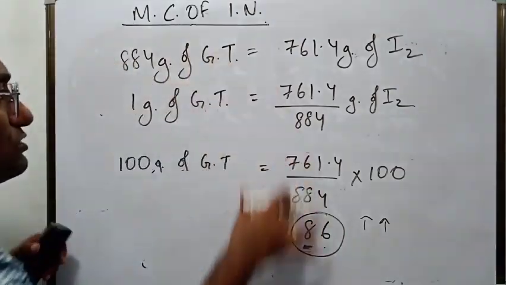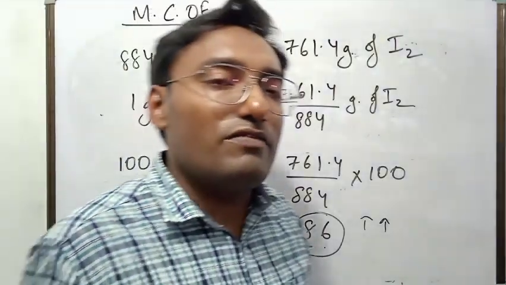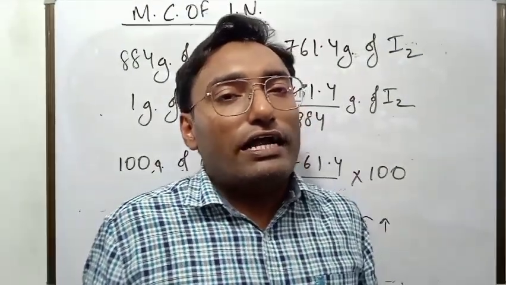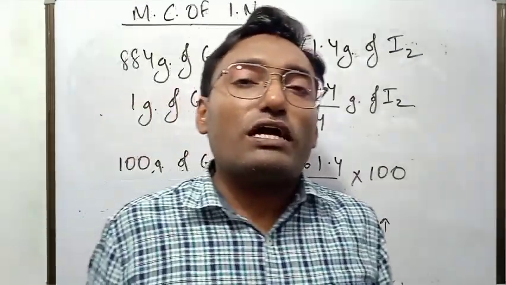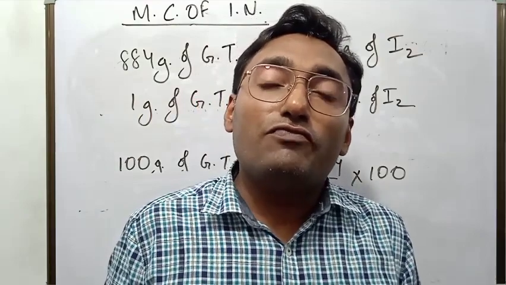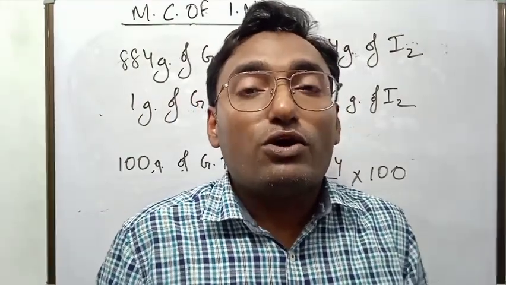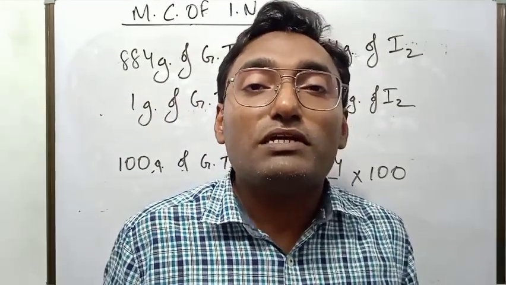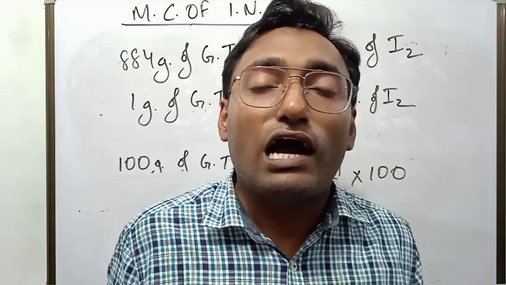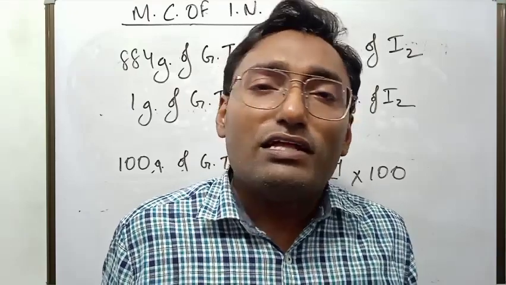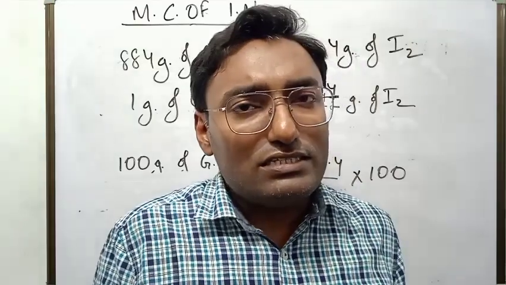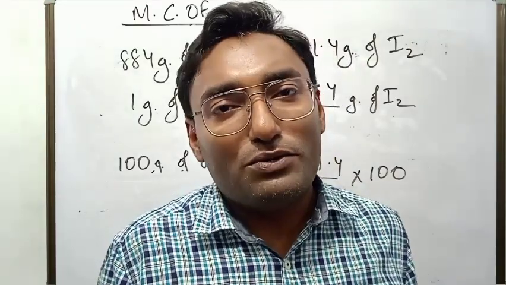So dear students, this is the mathematical way to calculate iodine number. There is another way to calculate iodine number, in case you don't know the oil or the amount of oil being taken. How will you calculate the iodine number? That we will discuss in part 2 of this video. Thank you very much.